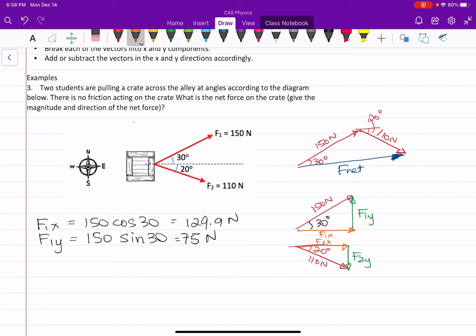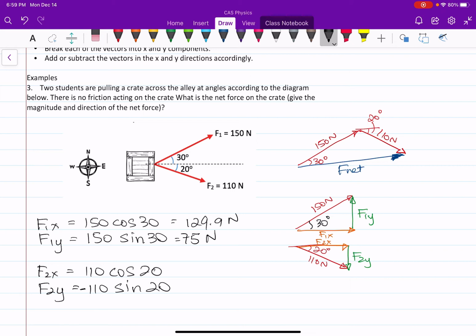Okay, so solving for these two, F2x is equal to 110 cosine of 20 degrees, and then F2y is equal to 110 sine of 20 degrees. But it's going to be negative because it's pointed downward. I'm just putting the 20 degrees, treating it like the magnitude.